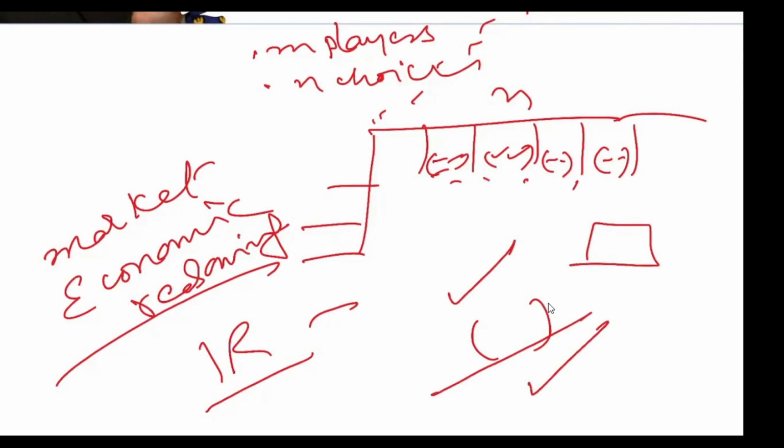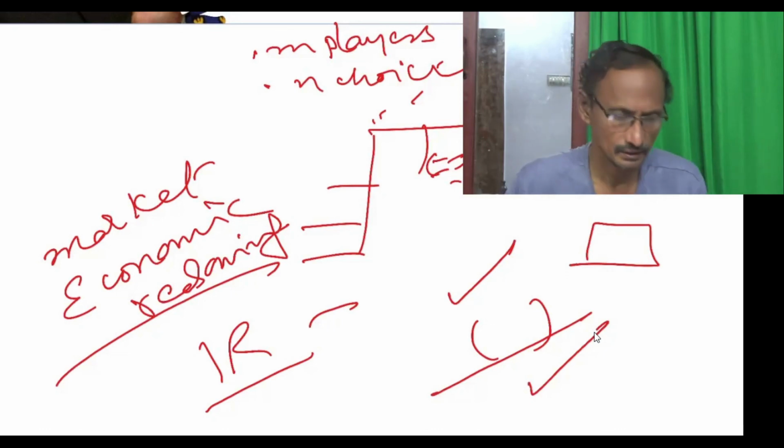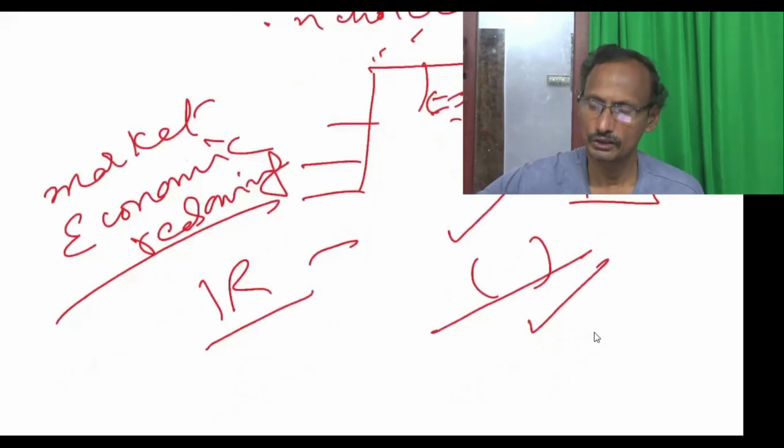So that is why what game theory gives is an overall perspective, a way to think about things, but it does not help in a quantitative sense or in a precise sense to give any solution.